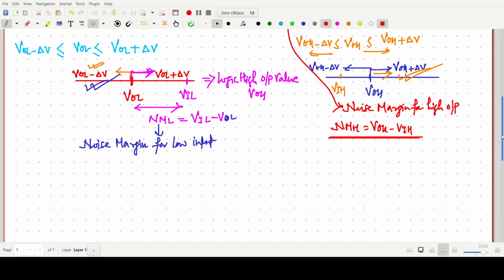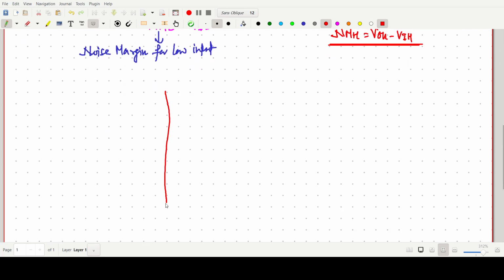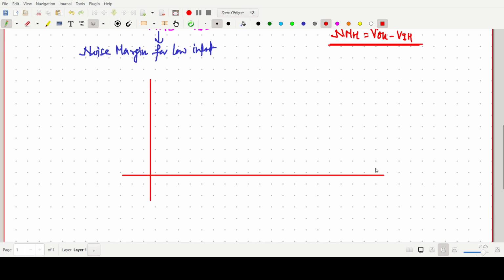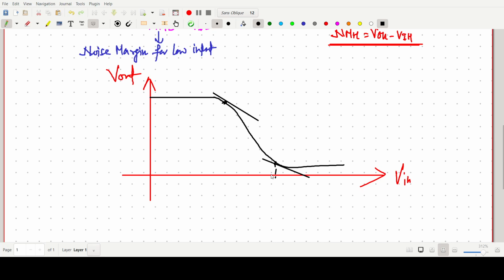Once again, there is no need to remember the noise margin concept. If this one is some tangent at that point, and this point is our input low value, input high value.